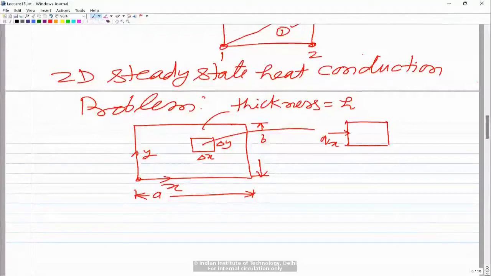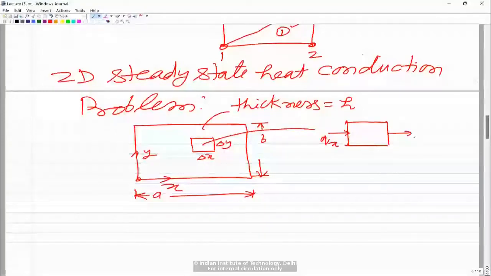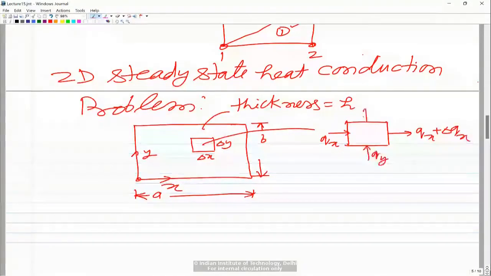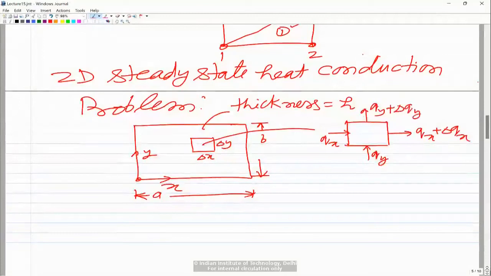The heat leaving on the other side, because of the change in dimension, is qx plus delta qx, where delta qx could be positive or negative. Similarly, the heat flux entering along y is qy, and the heat flux leaving along the y direction is qy plus delta qy.